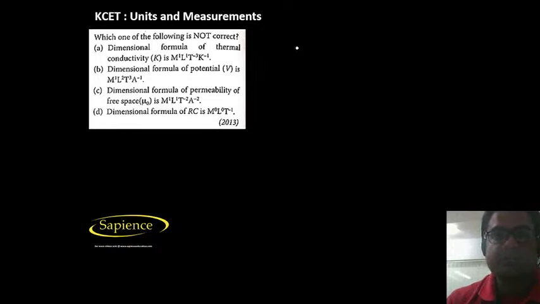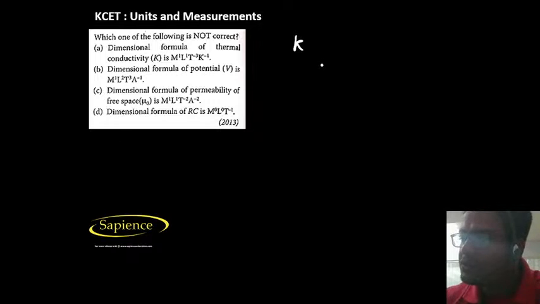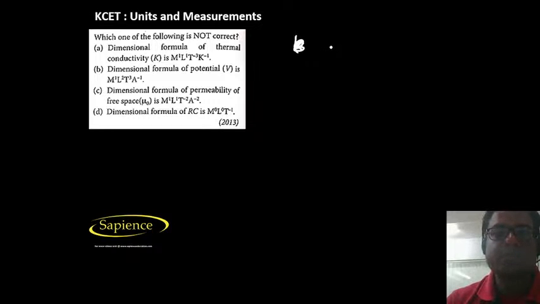Okay, so which of the following is not correct? Dimensional formula of thermal conductivity, K. So thermal conductivity, we know, is dQ by dt equals K A dT by dx.